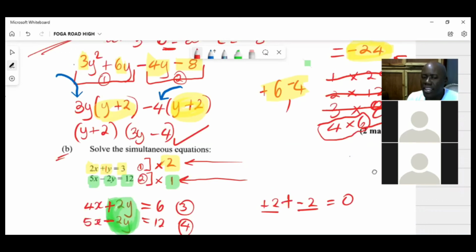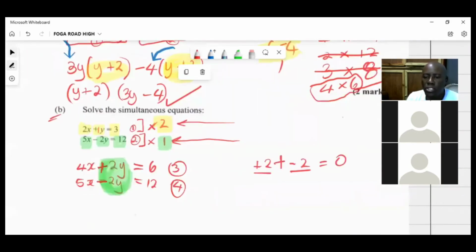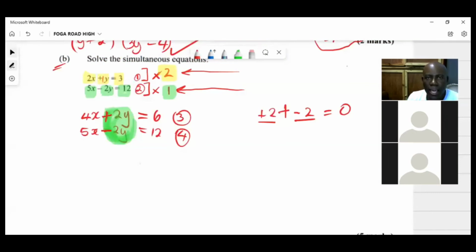You could put it on your calculator and you'll see that you get a 0. That means it disappears. The y has been eliminated. So what we're about to do is just add equation 3 and equation 4. You don't get marks for writing it, but I'm writing it for your sake.